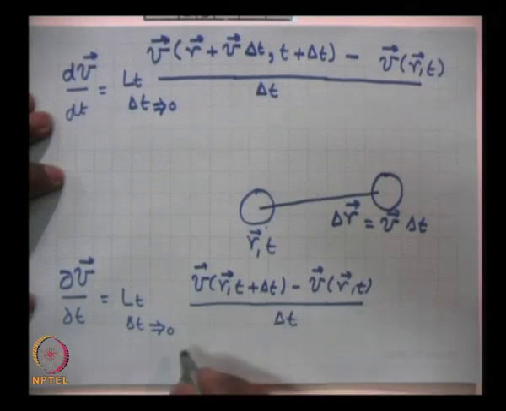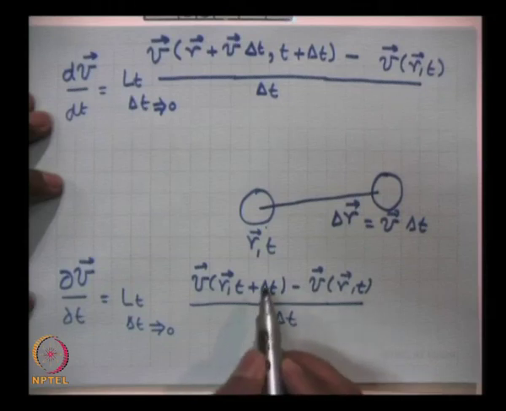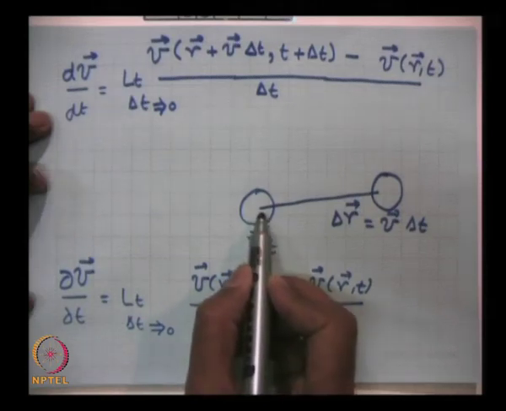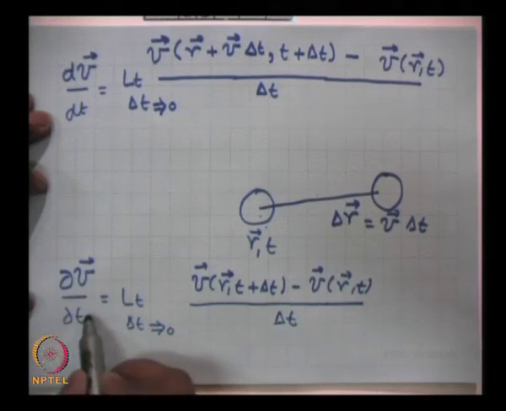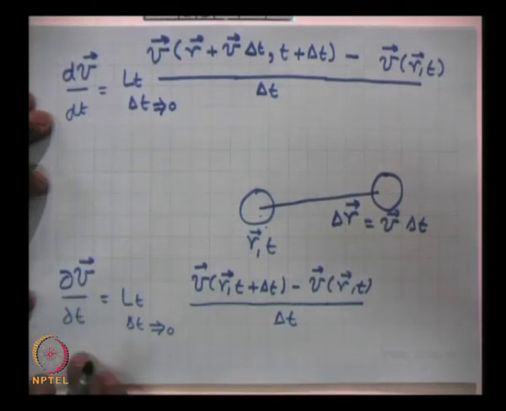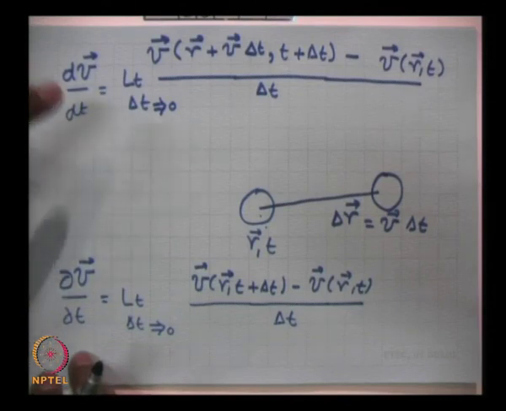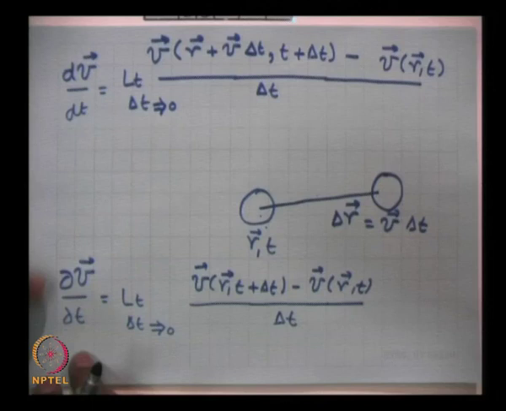Please understand one thing, that my eye is fixed on the volume element, not on the particles, when I calculate the partial time derivative of V. So, these two derivatives are different. This is called the total time derivative with respect to time. This is called the partial time derivative of velocity. They are not equal, they are not the same.